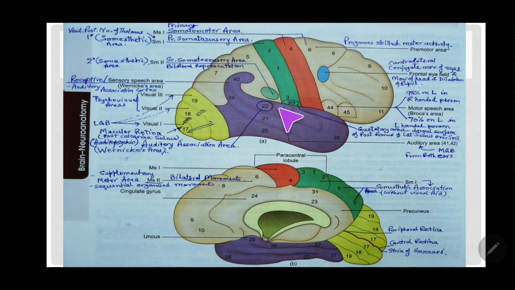And there are transverse sulci, and because of those transverse sulci, this gyrus is separated out, and this is called the gyrus of Heschl.